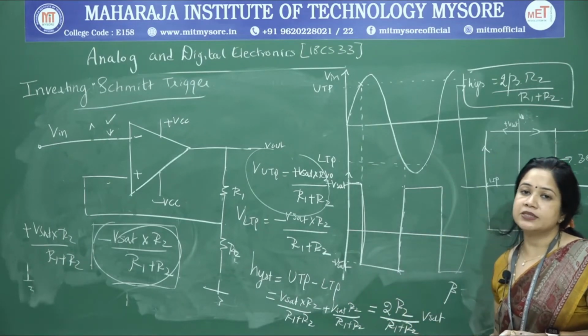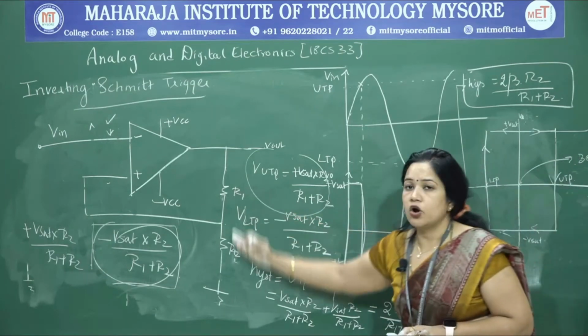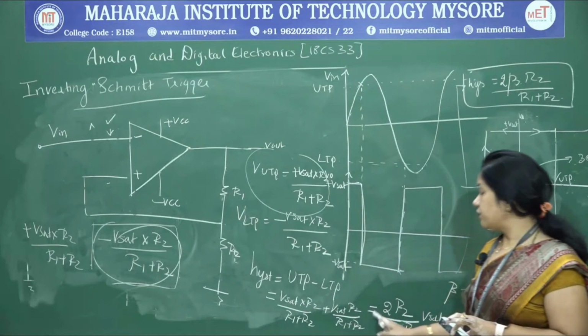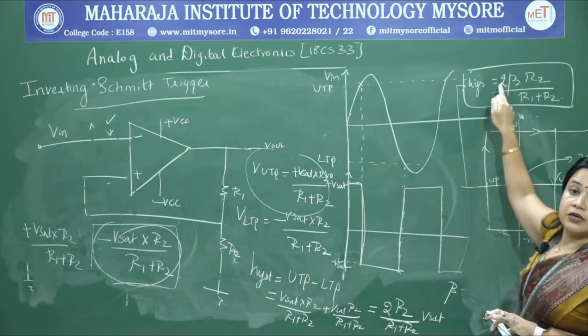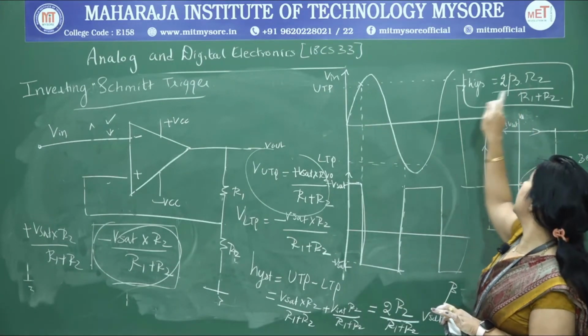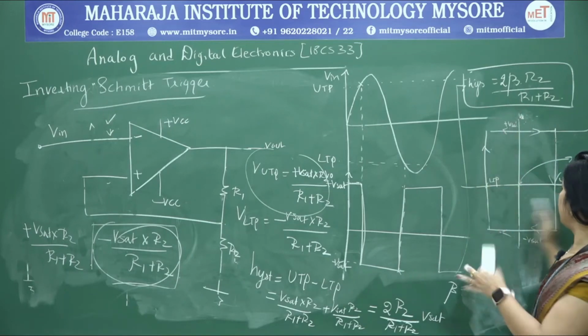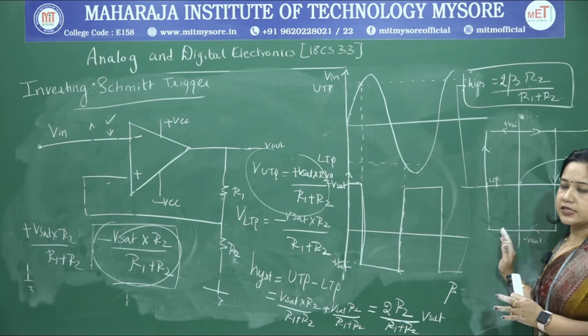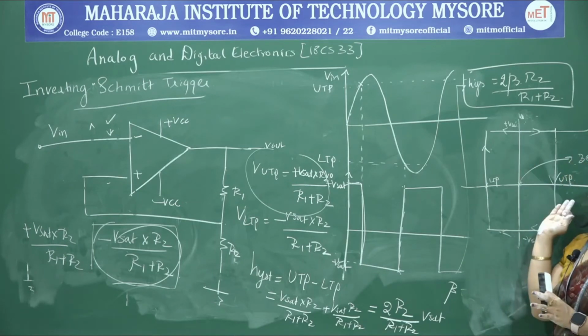And what is R2 by R1 plus R2? It is dependent on the feedback components used, that is R1 and R2. So I will call it the feedback factor, beta, and hysteresis becomes 2 beta times Vsat. If I want to plot the hysteresis curve, it looks something like this. We have a plot of output versus input.